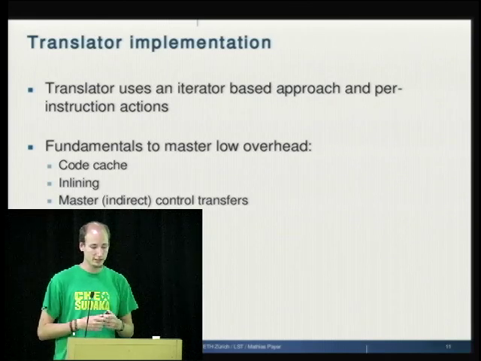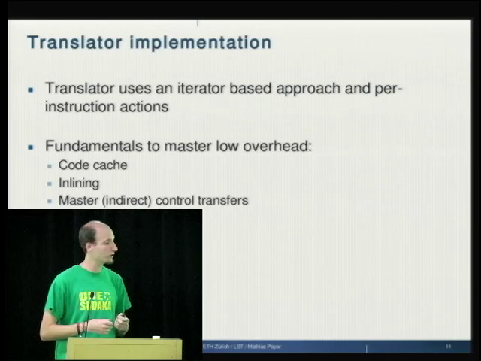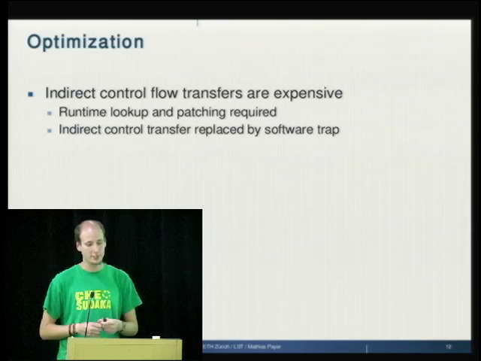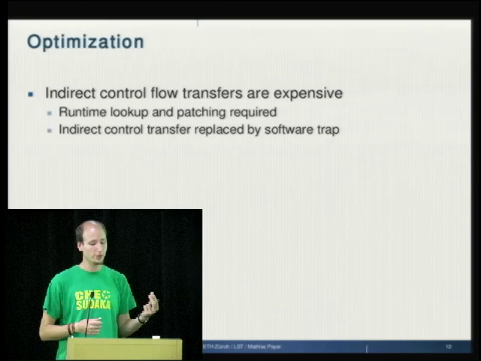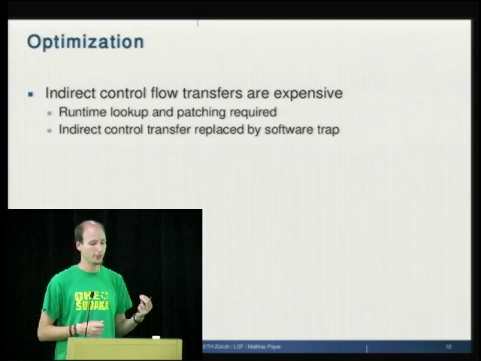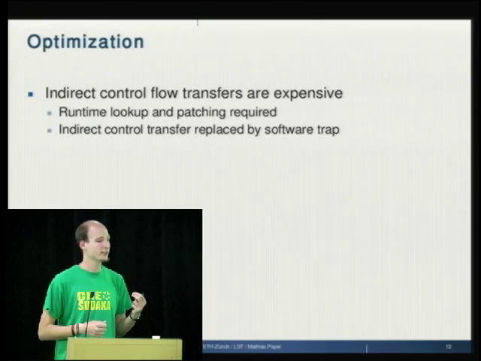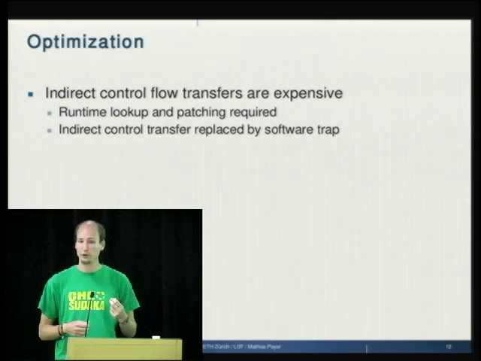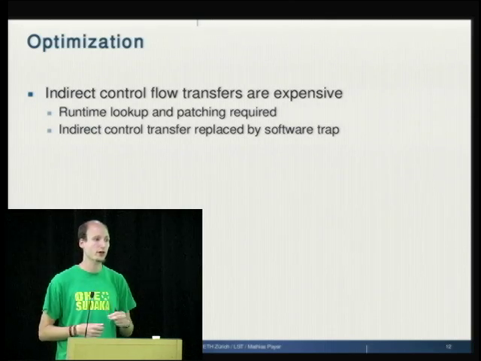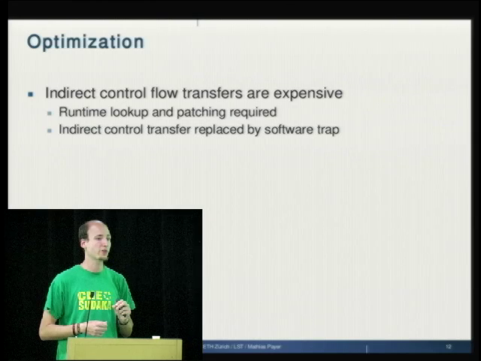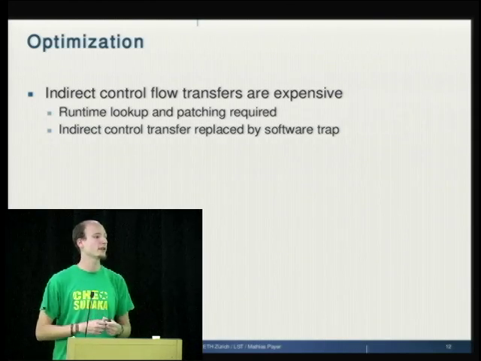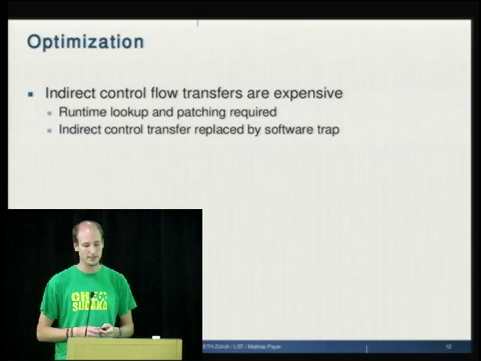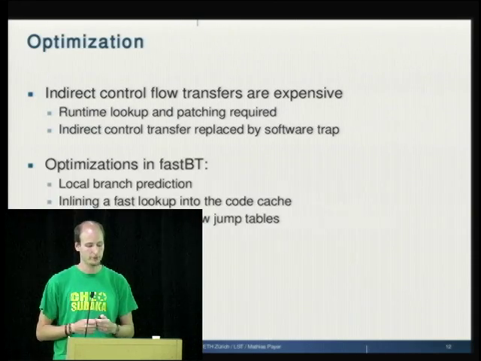So to master these indirect control flow transfers, we have several optimizations. Usually we have the runtime lookup and the patching that is required. And these individual indirect control flow transfers are then replaced by a software trap, which branches into the binary translator, executes the whole lookup routine, and transfers the control back to the translated program. This is expensive.